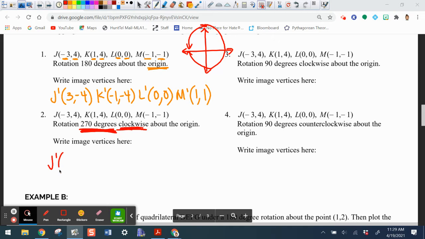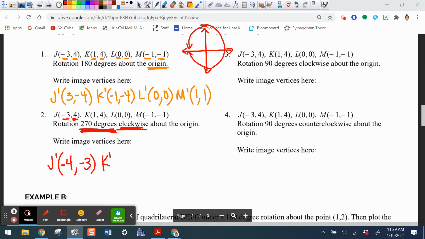So for 90 degrees counterclockwise, we are going to swap these two for starters, and then change this first sign. I always swap the x and y first, then change signs, especially when, and it didn't happen in this case, that -3 could have potentially been changed to a +3.